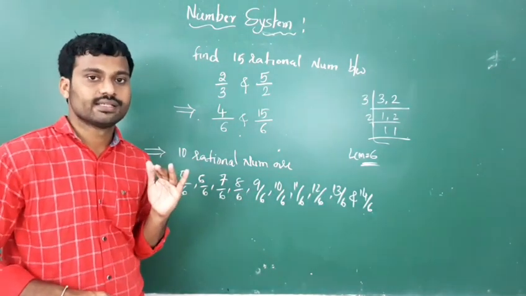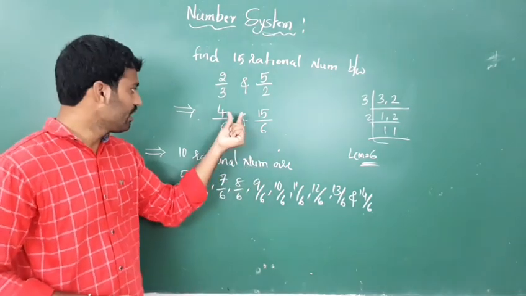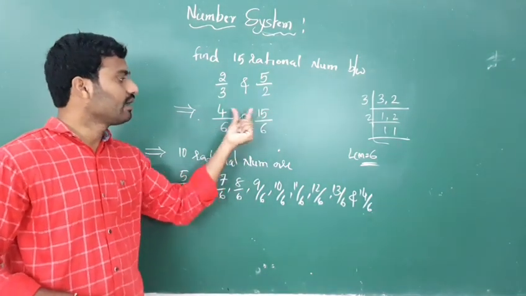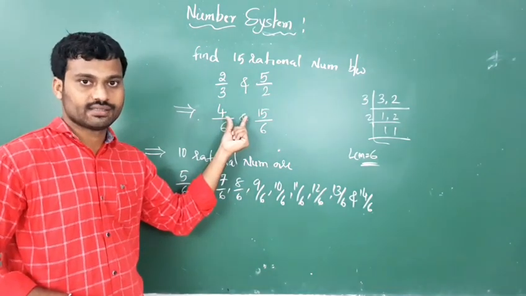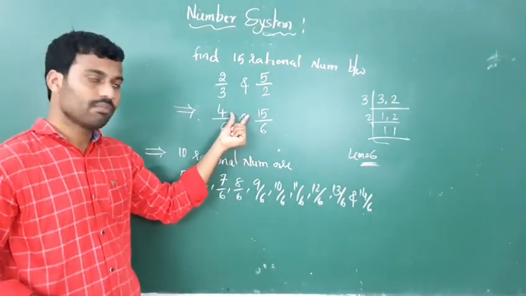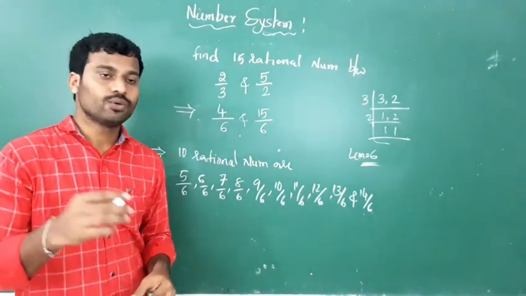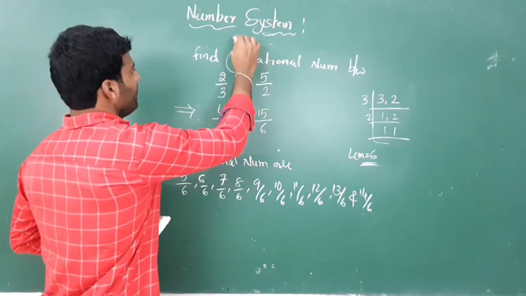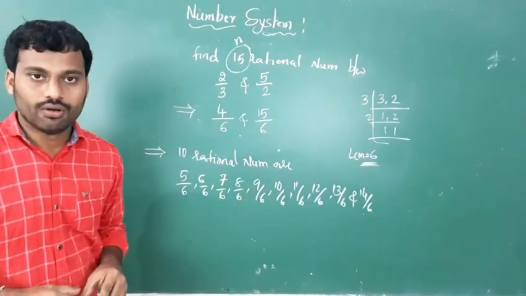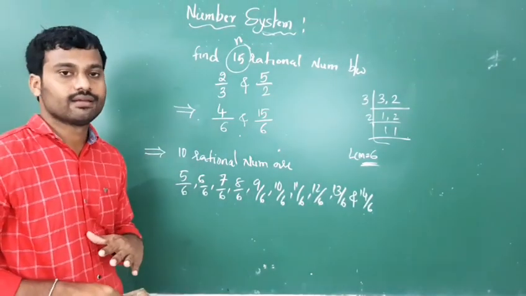When the denominators are the same, we should observe the numbers in between the numerators. Here 10 numbers are there, but we need 15 numbers. So what you have to do? You should assume this as n. I will tell you what that n is and why I chose it as n.